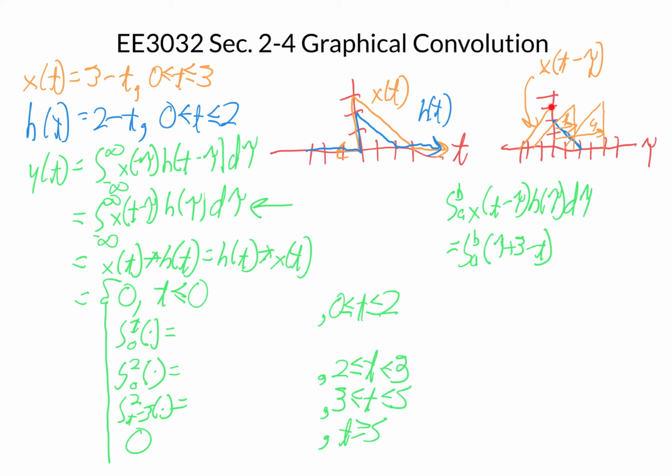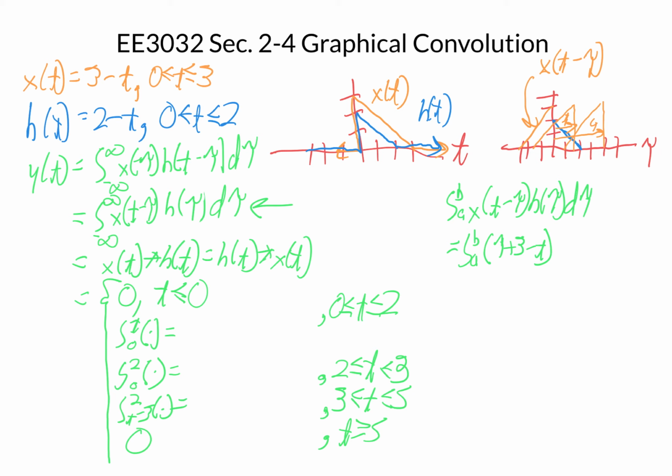So when t is 0, the y-intercept is right here at 3. When t goes to 1.5, the y-intercept comes down to 1.5. As t goes higher and higher, that y-intercept goes down. So if I want to know what this line segment is at t is 4, I have to take 3 minus 4. The y-intercept is minus 1 there. So that is the slope-intercept form of the equation.